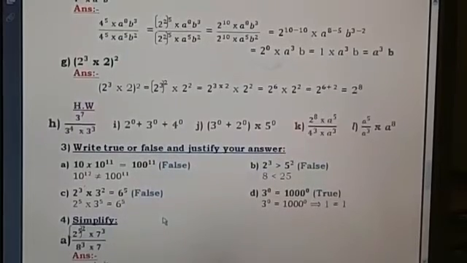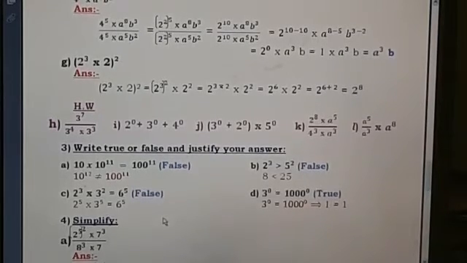And next one, 2 to the power 3 into 2 the whole to the power 2. Outside the bracket the power 2 is there. That 2 will be considered for both terms. So I have written, see, 2 to the power 3 the whole to the power 2 into 2 to the power 2.